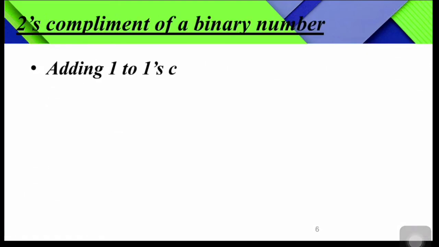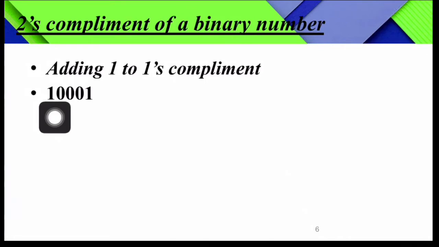The 2's complement of a binary number can be obtained by adding 1 to its 1's complement. So for obtaining the 2's complement of a binary number, first we have to find out its 1's complement, then add 1 to it. Now look at this binary number 10001. Now we are going to find out its 2's complement.